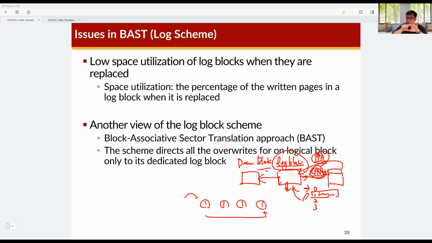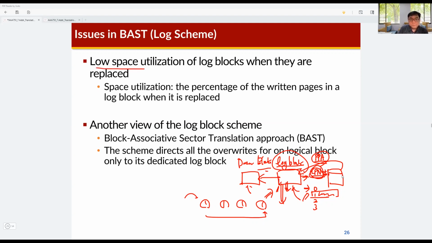If a certain page is frequently updated, then we assign the log block again and again to the corresponding data block. So the space of the log block is wasted. So that's the problem. The first issue in BAST is the low space utilization of log blocks.